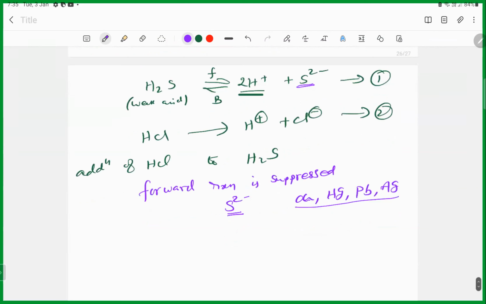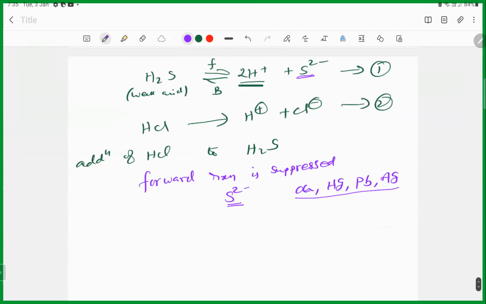In case I am adding ammonium hydroxide, what will happen? The ammonium hydroxide, if you are adding, will dissociate into NH4 plus and OH minus. Correct? This is also weak, but when you are adding this, you have the OH minus ion.